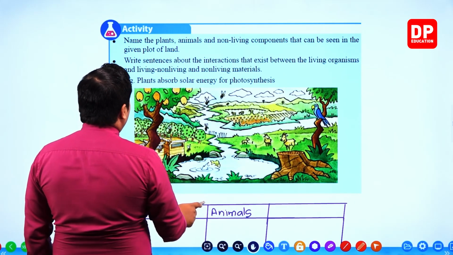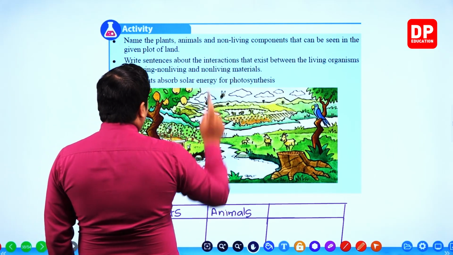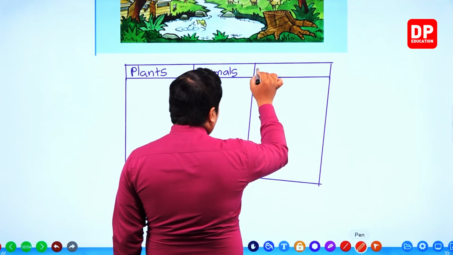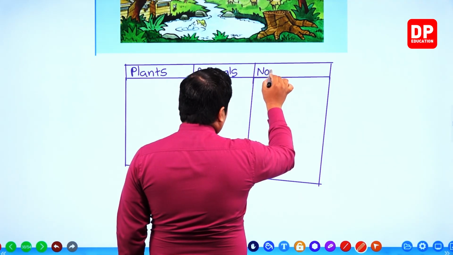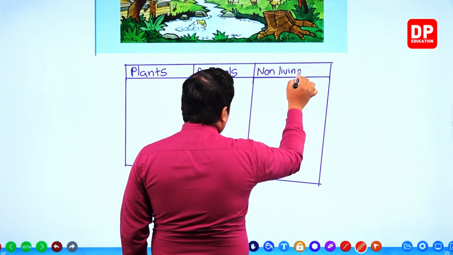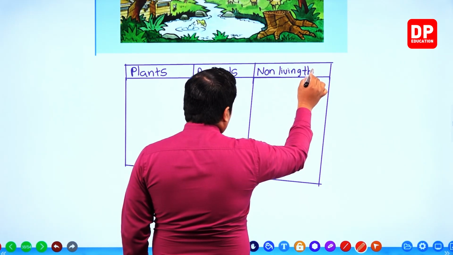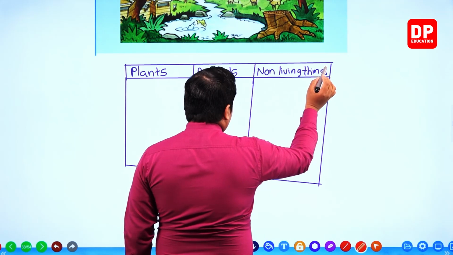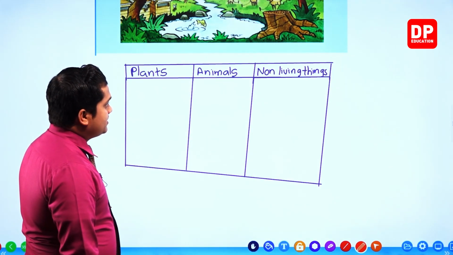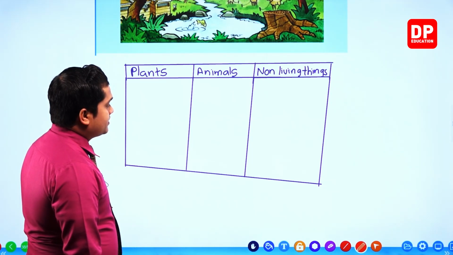So here we'll mention as non-living components. Non-living things. Okay, so plants, animals, non-living things.